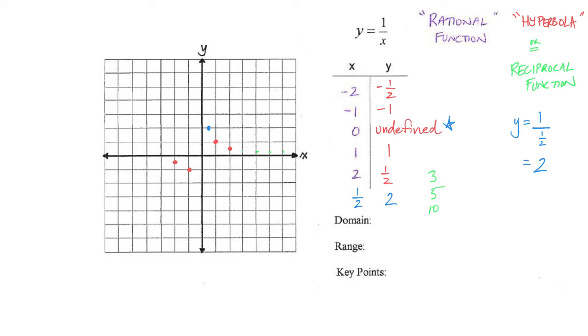But if we do the same with the blue points, and instead we subbed in like 1/3, 1/5, 1/10, then when I take 1 divided by those values, I end up getting bigger values. And so if I went to connect all of those points, I should get something like this.